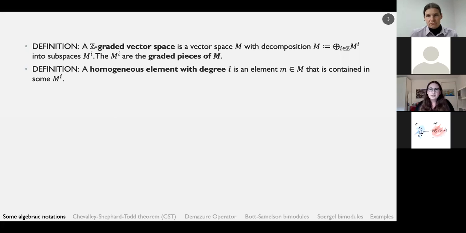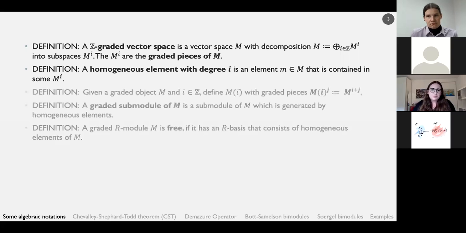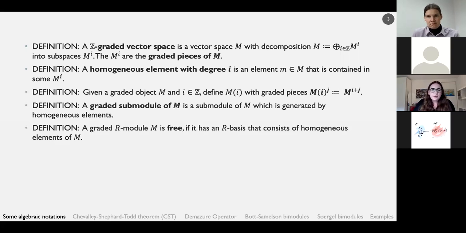Usually there are some additional conditions to the definitions above. Given a graded object M, which can be a vector space, module, ring, and so on, and i an integer, we can define a new object M(i), M shifted by i, with the graded pieces M(i)^j defined to be M^(i+j).